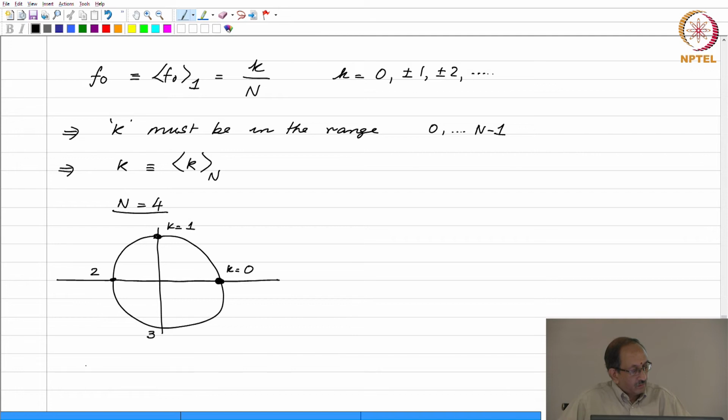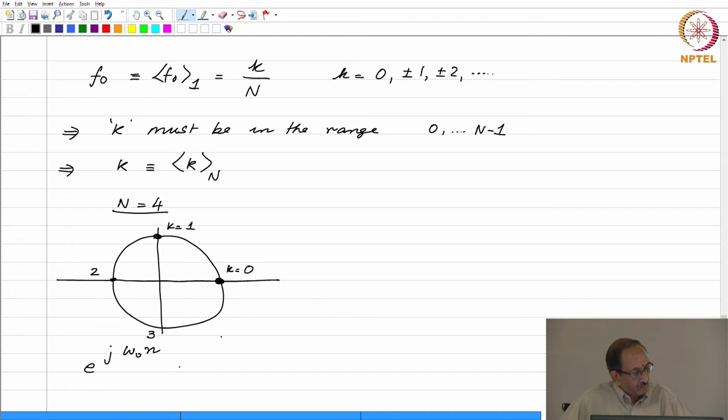Therefore, you have e to the j omega naught n, little n. Now, in this particular case we have capital N to be 4. Therefore, let us look at all the possibilities.